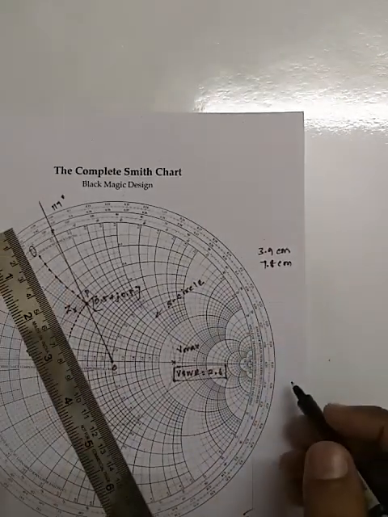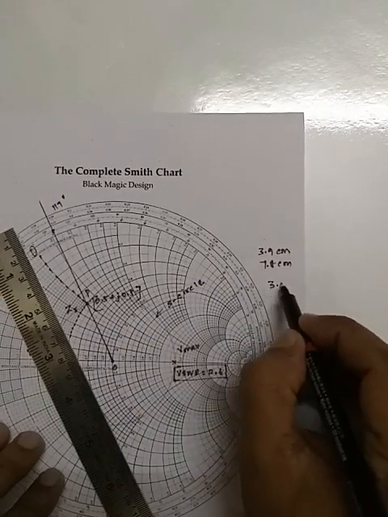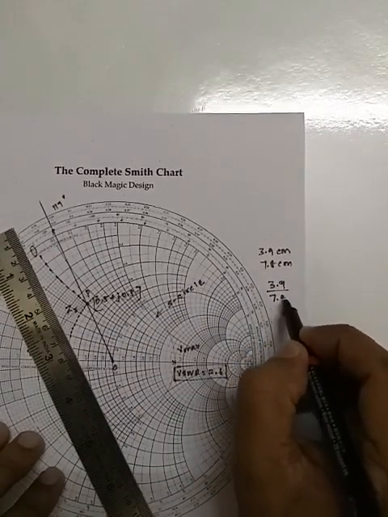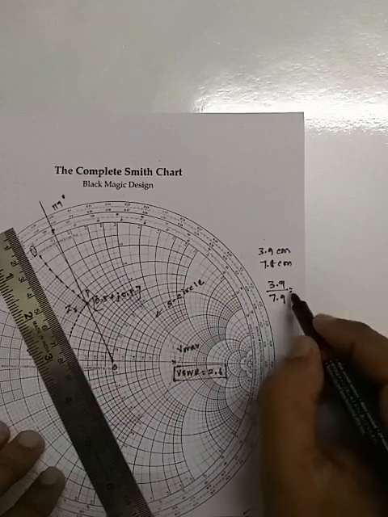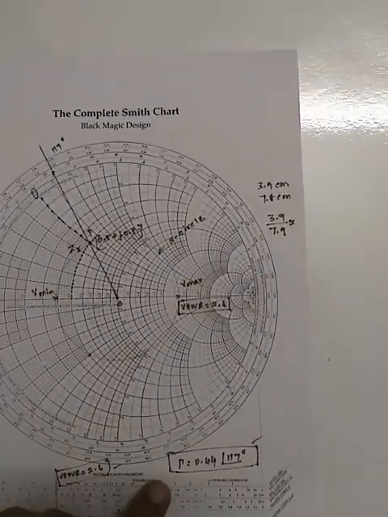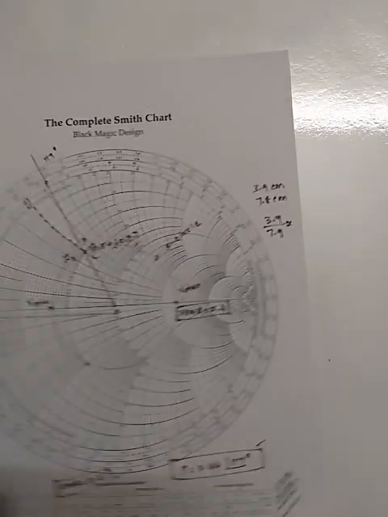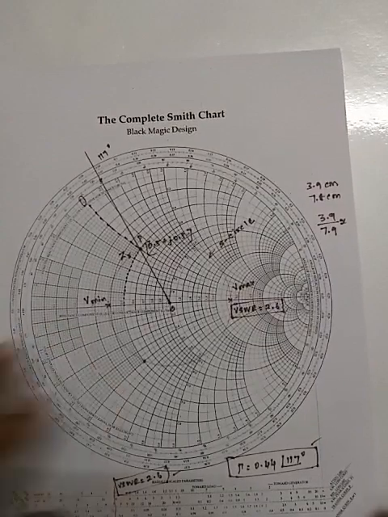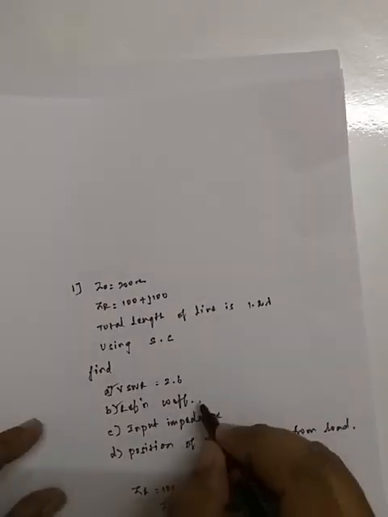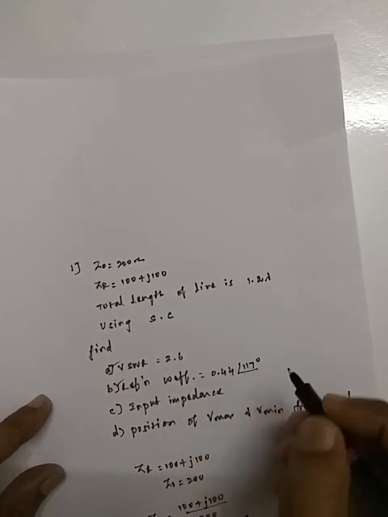So if you divide 3.9 by 7.8, you should get a value which is approximately equal to 0.44, which is the magnitude of the reflection coefficient. So this is the second method of finding the magnitude of the reflection coefficient. So this is done. Value is 0.44, angle 117 degrees.